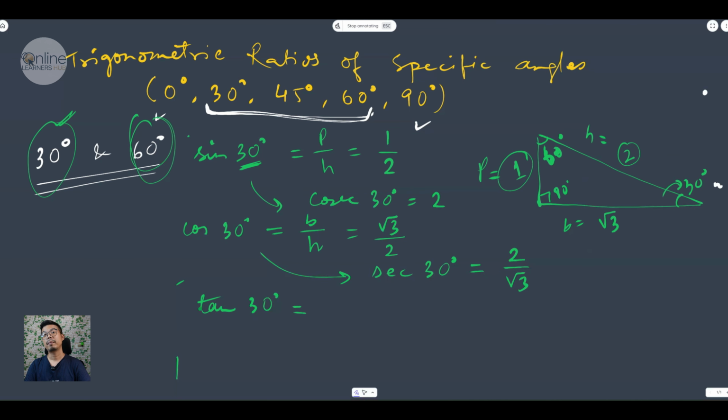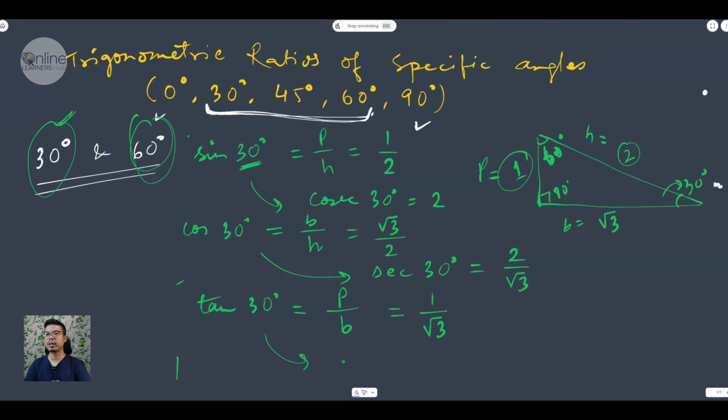Okay. Now what about tan 30? Tan 30. Turn permanently brown. P stands for permanent, B stands for brown. So perpendicular by base. Now what is perpendicular here? Perpendicular is 1. What is base? Root 3 is base.